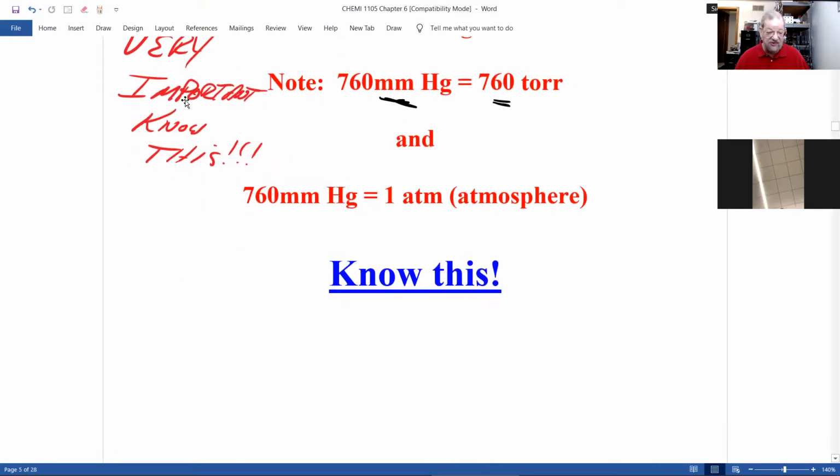Now, also it's defined, and this is a very important unit, which is why I wrote that, 760 millimeters of mercury equal 1 atm, which is not automatic teller machine, it's atmospheres. And you should know this. And because of this, you also know this is equal to 760 torr.